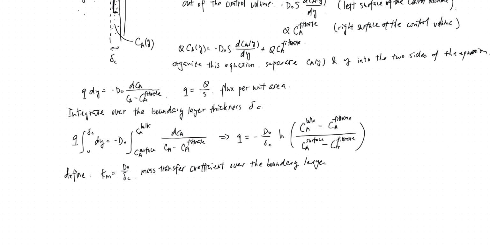So we can rewrite our Q equals minus Km multiplied by log of Ca bulk minus Ca filtrate divided by Ca surface minus Ca filtrate.